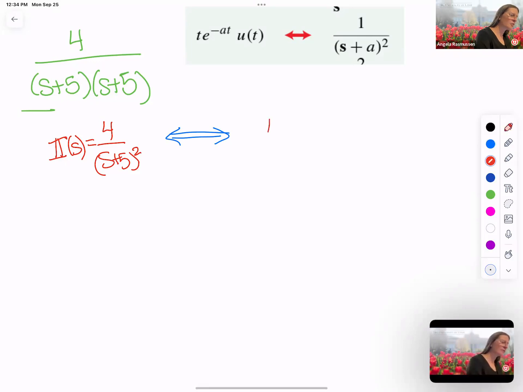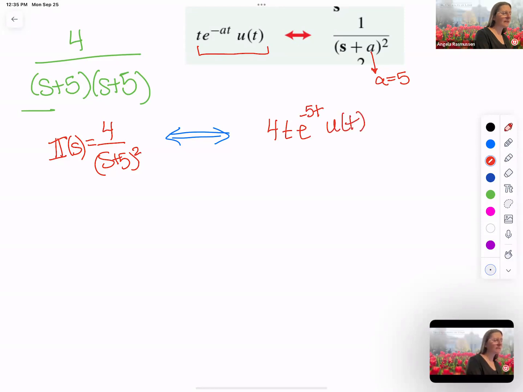So that's going to be 4, and then if we bring the 4 out, it's 1 over s plus 5 squared. In this case, our a will be 5. And so we can just write this as 4te to the minus 5t u of t. And this is our IL of t equation.